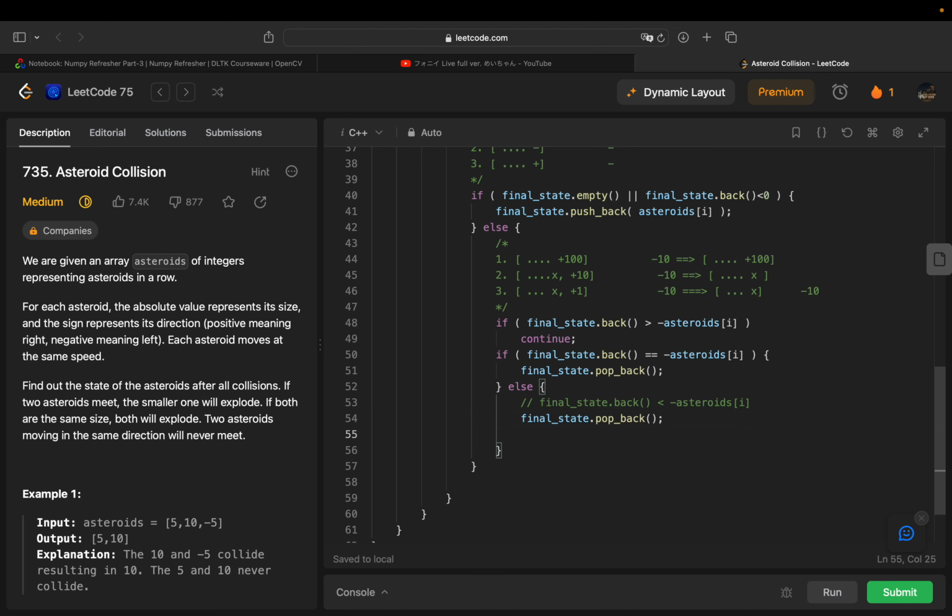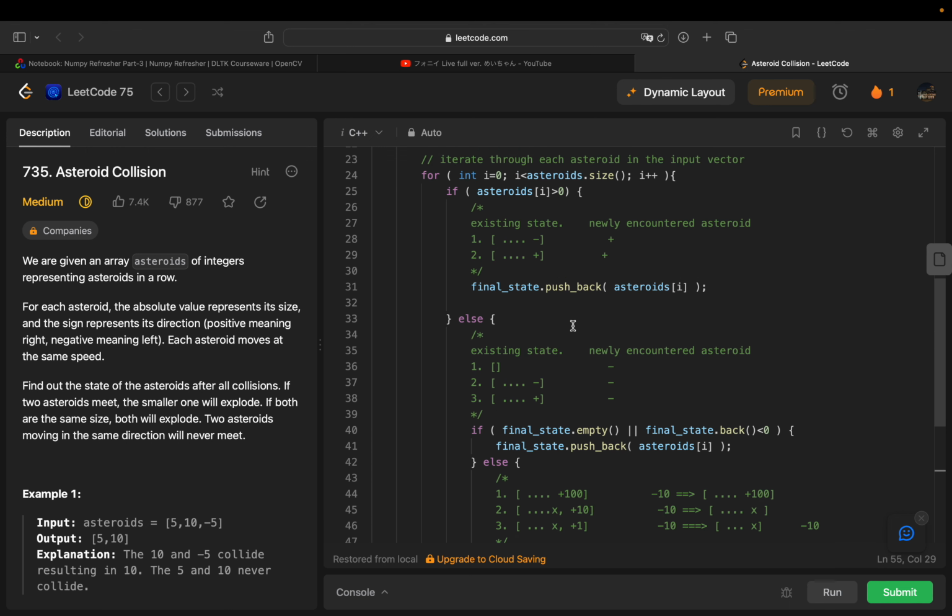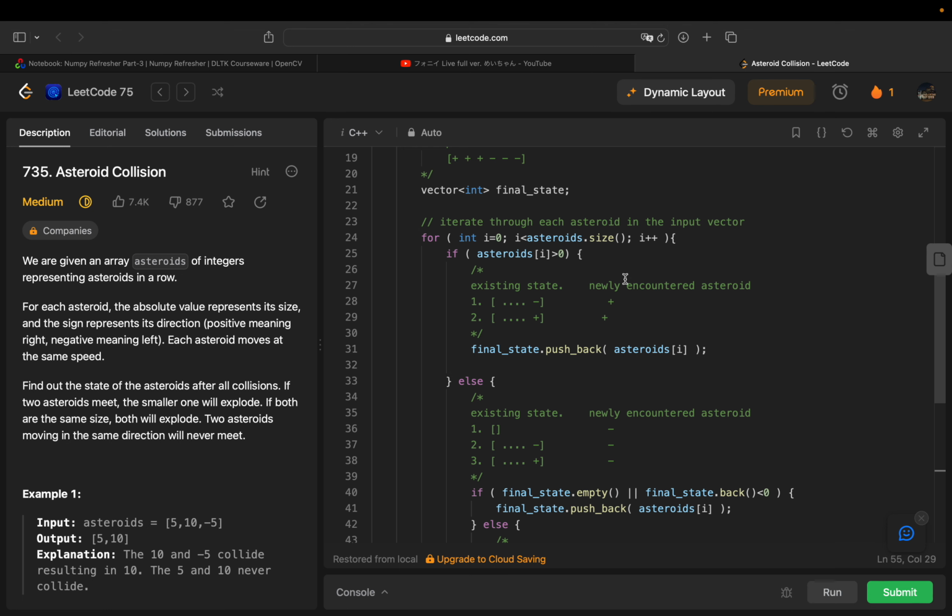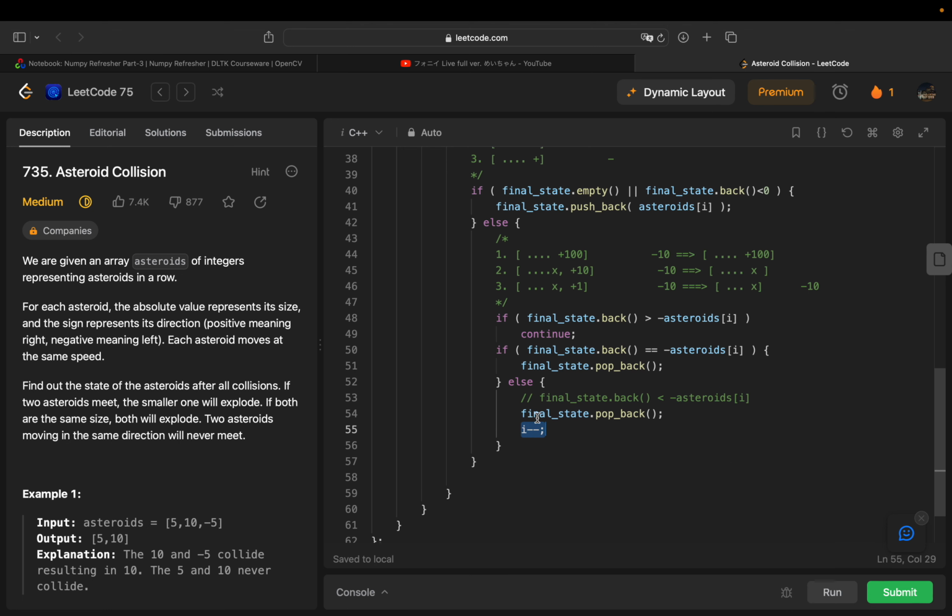So we need to decrease our i to go through the same asteroid. Since we add i by 1, if we want to examine the scenario for exactly the same asteroid, then we need to subtract i by 1.